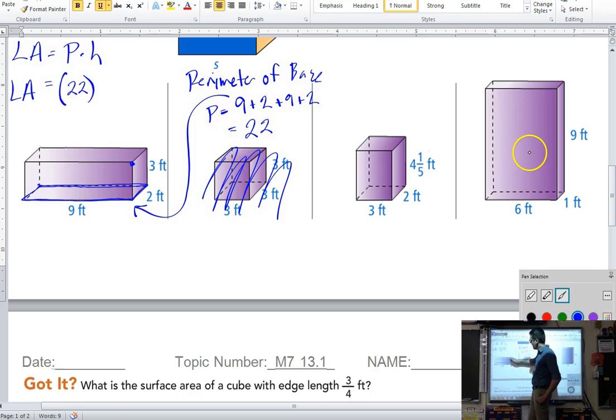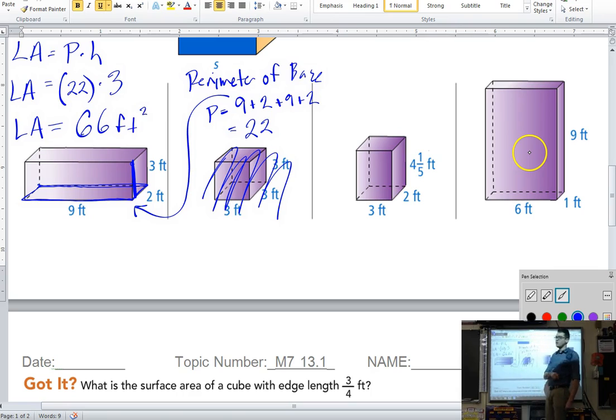Now what is the height between the bases? Bella, what do you got? Height between the bases. If we're using the bottom as the base, and the top is another base. 3 feet. Yeah, 3 feet. So that now tells me my lateral area is 66. Label it feet squared.